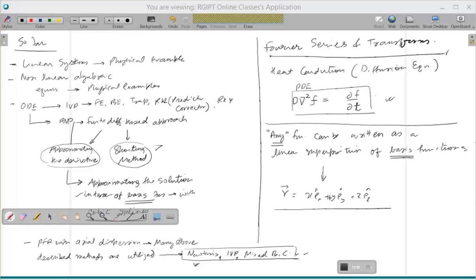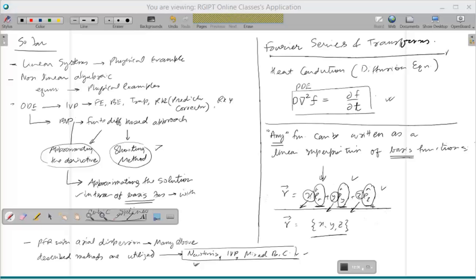You can choose these to be your basis vectors, and x, y, z will be numbers, the relative weights you assign to each basis vector. So R can be written as a set of numbers, R can also be represented as (x, y, z), the coefficients associated with the basis vectors.